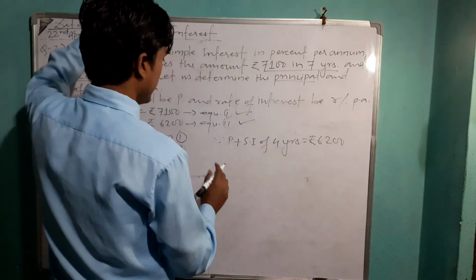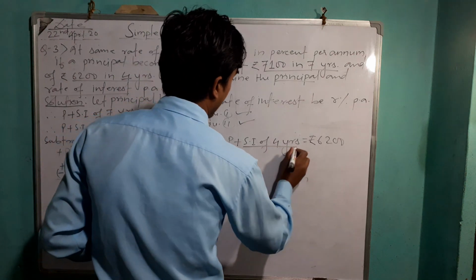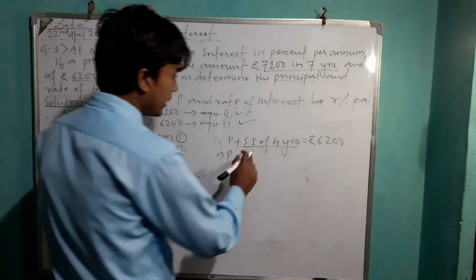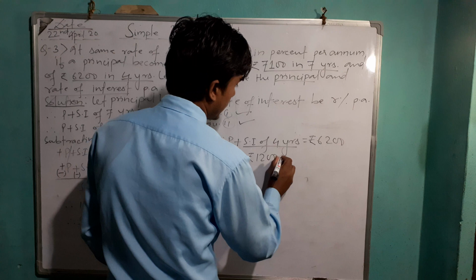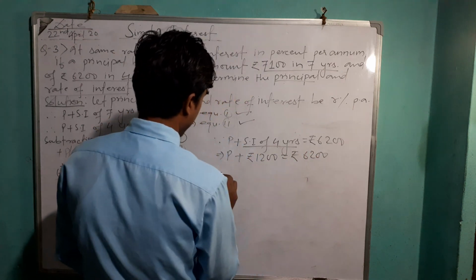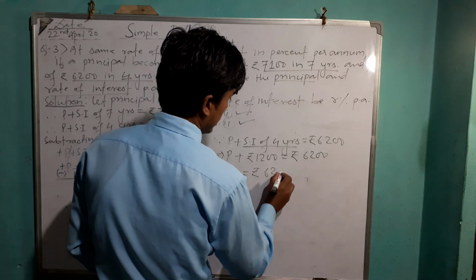The principal will be as it is, and SI of 4 years we have got as 1,200. So in place of this I will write rupees 1,200, and P plus 1,200 equals rupees 6,200.